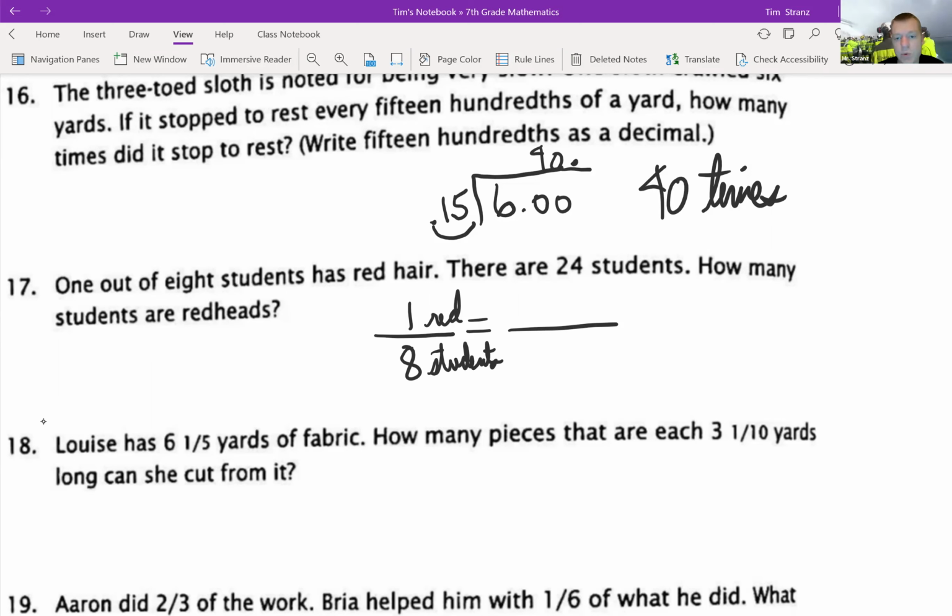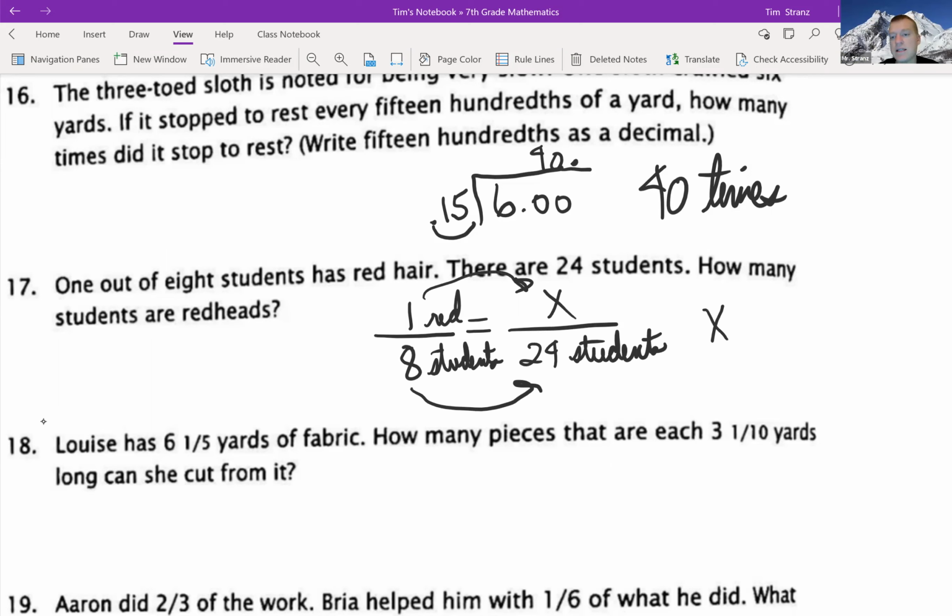If there are 24 students, how many have red hair? So you can see 8 times 3 gives you 24. So 1 times 3. So that means X has to equal 3. 3 students have red hair.